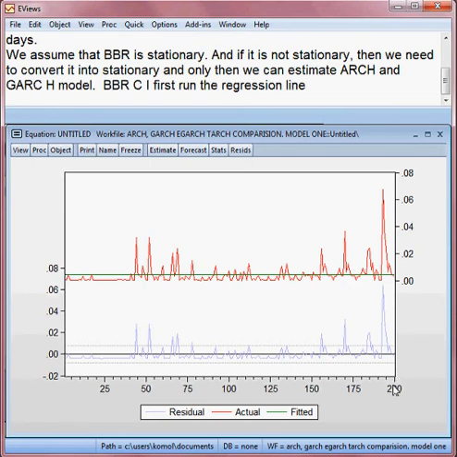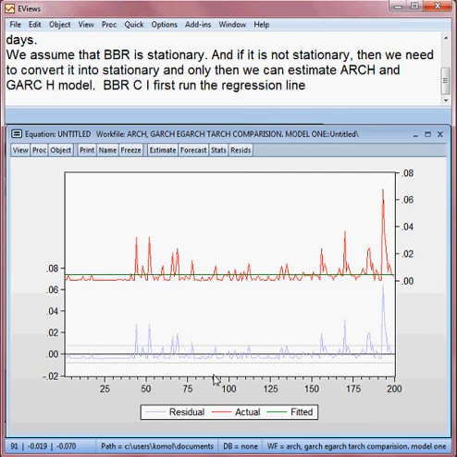These are the residuals, and the fluctuation is the fluctuation of the residual.